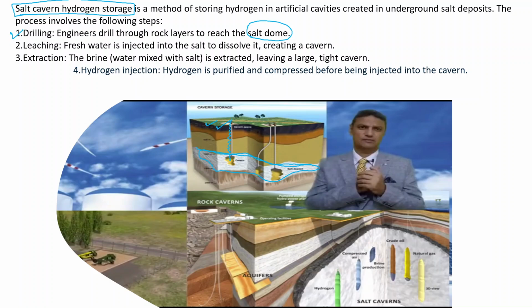We will put fresh water into this salt, and it will make salty water, salt plus water, and then we will extract this salty water outside from the well. Thus we can make one storage system for the hydrogen at underground conditions, and we will put one pipe, and through the pipe, after storing, we can get back hydrogen.